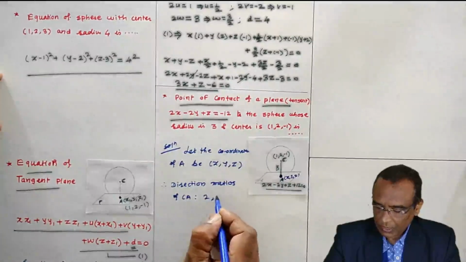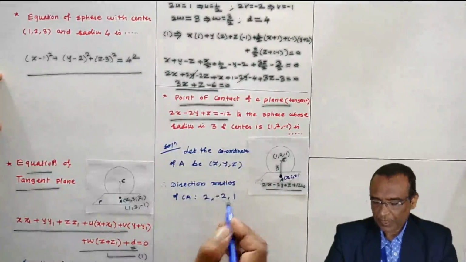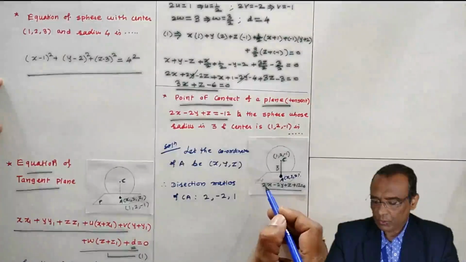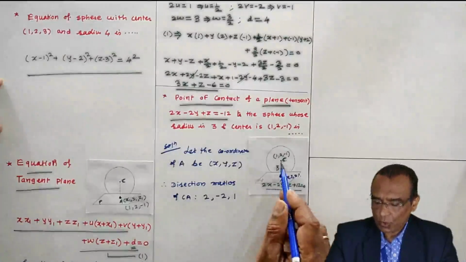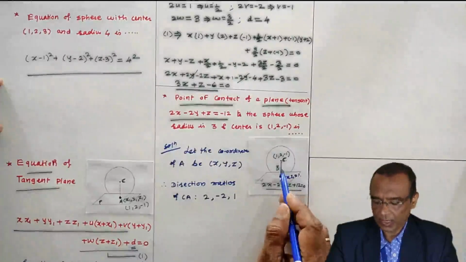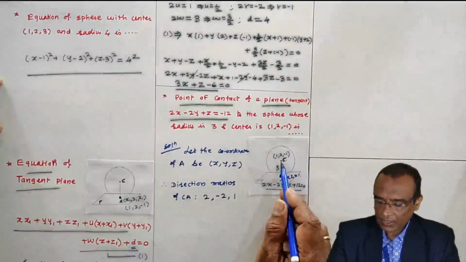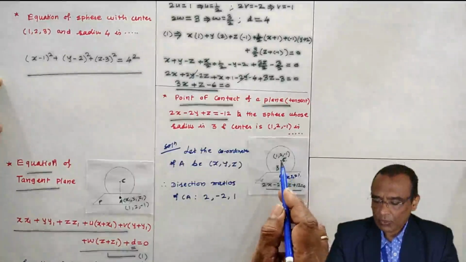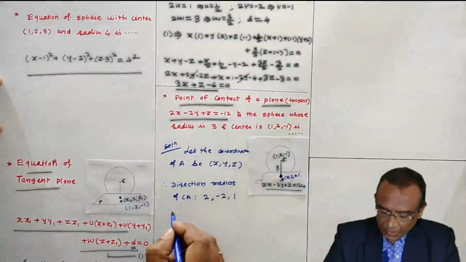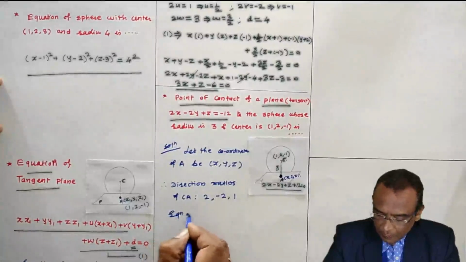These are the coefficients of x, y, z. The direction ratios of segment CA are known to you, and one point is known to you.